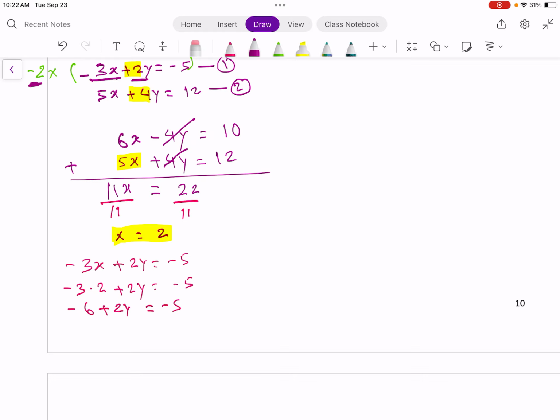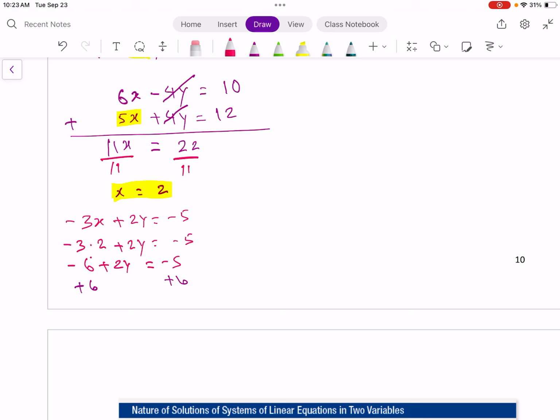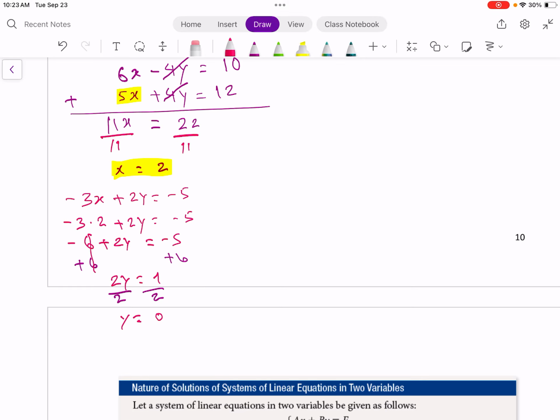You add 6 on both sides. So this is 0. We have 2y equals positive 1. We divide both sides by 2. And our y is 1/2, or let me write 0.5.